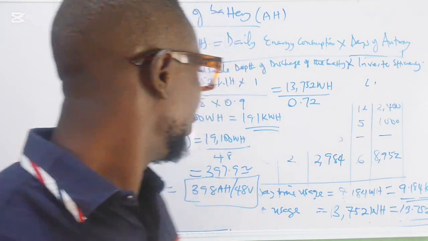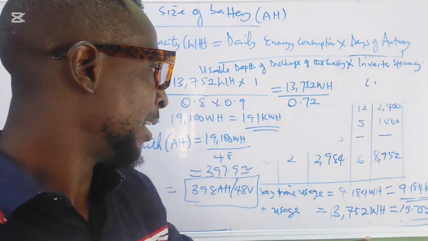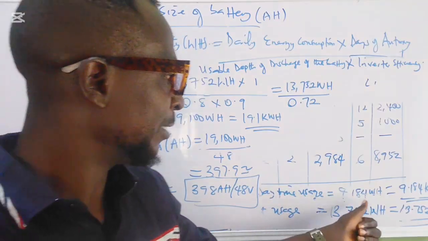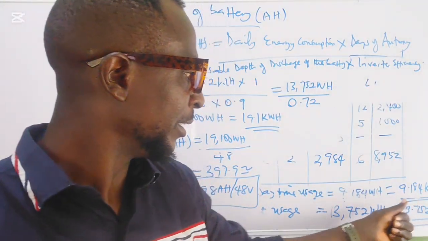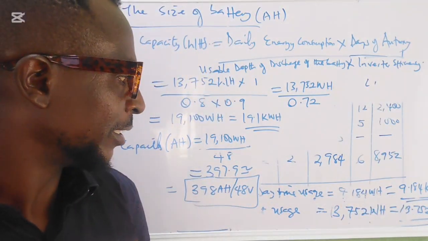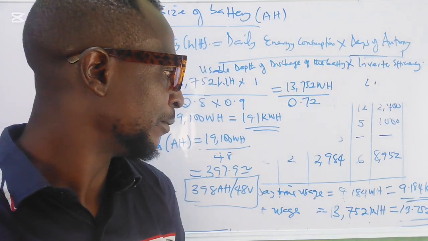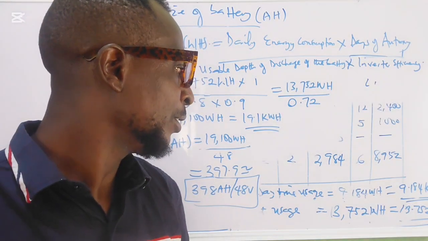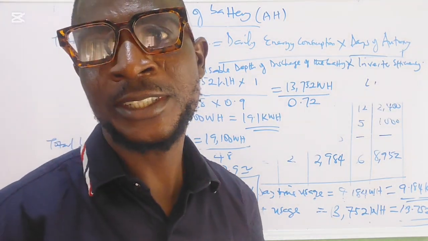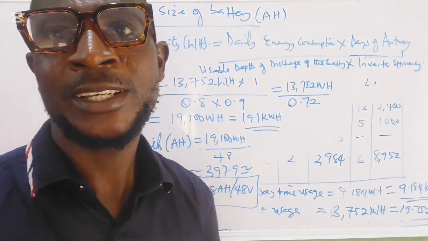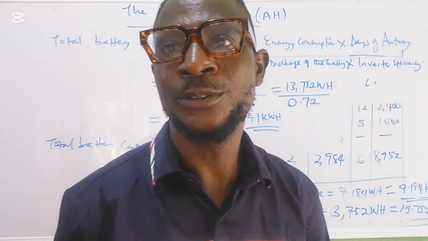So we are going to work with this value and the daytime energy usage, which is 9,184 watt hour.